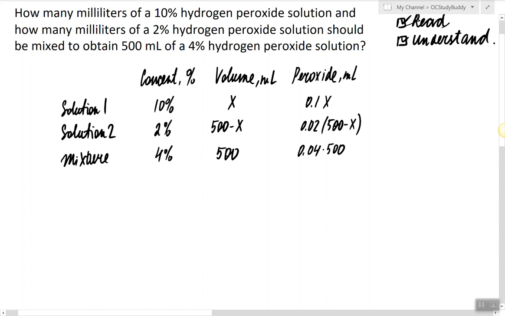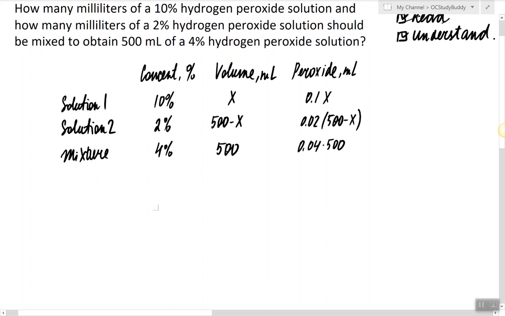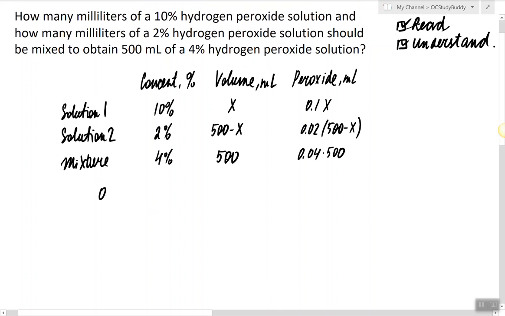The amount of peroxide in solution 1 added to the amount of peroxide in solution 2 should be the total amount of peroxide in the mixture. So that gives us the following equation, which we can solve by isolating the variable x.